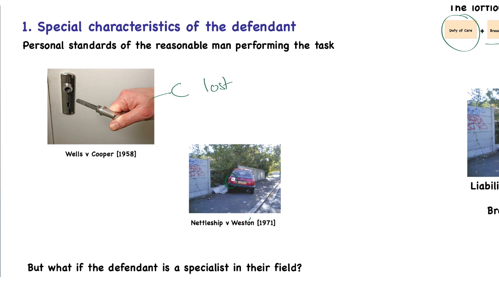But on their third lesson, the driver crashed into a lamppost and injured the instructor. In this case, the claimant won, because the driver was liable despite her inexperience. The standard of care required of all motorists is the same, that of the reasonably competent driver.